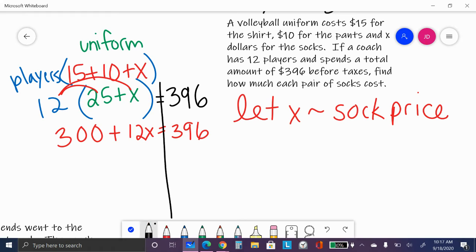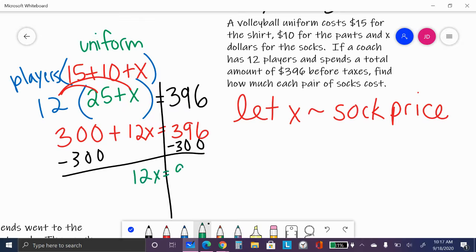Forgot to put my line down the equal sign here. Minus 300 from both sides, and we get 12x is 96.